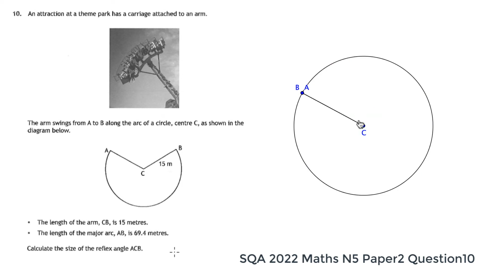This 360 degree angle isn't actually marked here because this demonstration doesn't do that, but that angle at the centre of 360 degrees goes with the whole circumference of this circle.